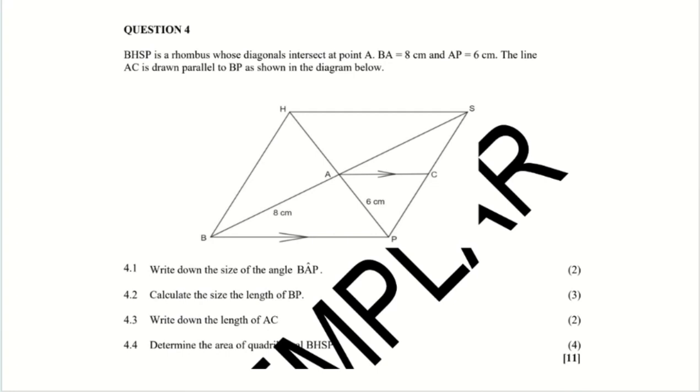So to answer the question, this is 4.1, we are going to say angle BAP is equal to 90 degrees. And what is the reason? This is the angle of intersection.